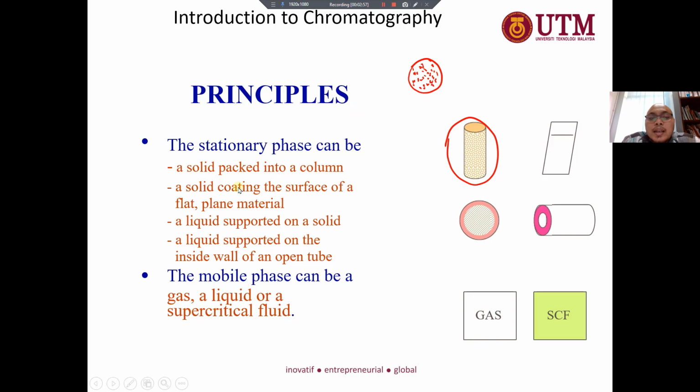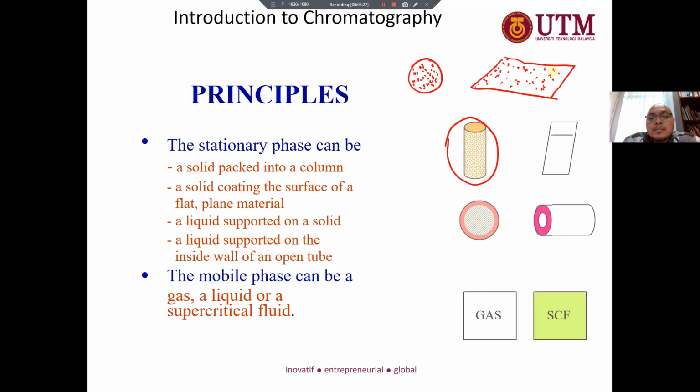Then we have the next stationary phase. It can be a solid coating the surface of a flat plane material. For example, for TLC or thin layer chromatography, on a sheet, they have the particles on the surface. We will learn about that later on.